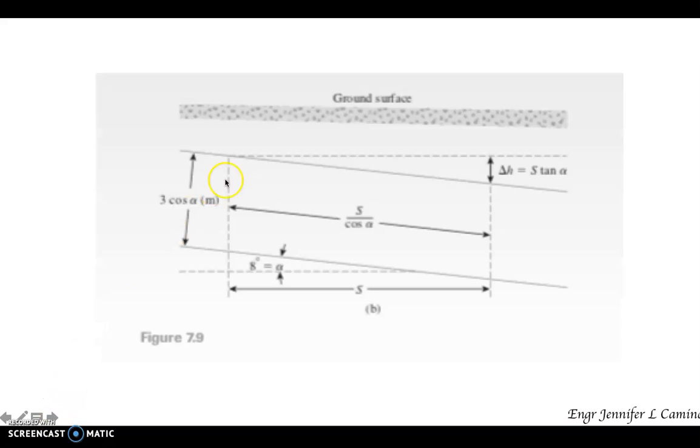So this is now the setup for our given sample problem.